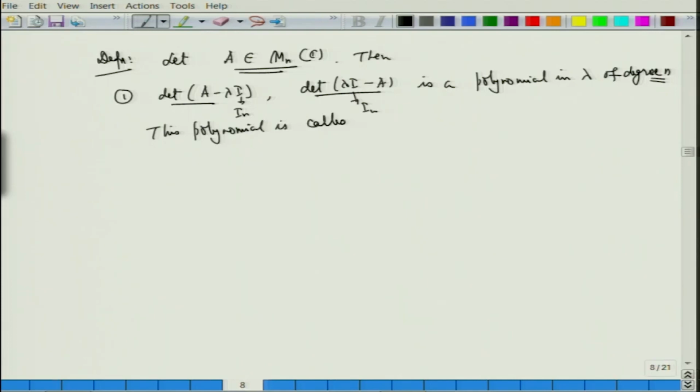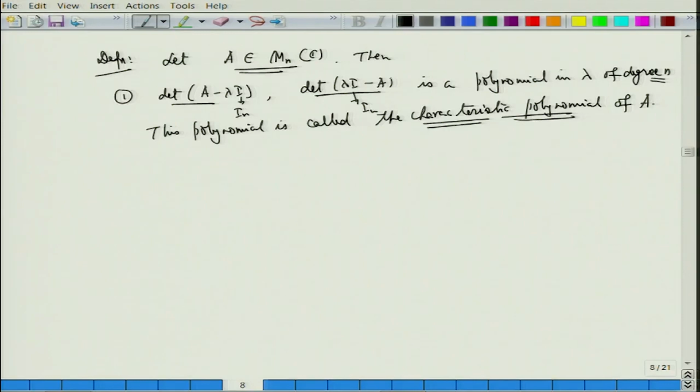Is that okay? And this polynomial is called the characteristic polynomial. All right. So this is the reason. So what we are saying is, compute determinant of lambda I minus A. It is a polynomial in lambda of degree n, and this polynomial is called the characteristic polynomial. So the roots of this polynomial are called characteristic roots. Fine. 1, 2.